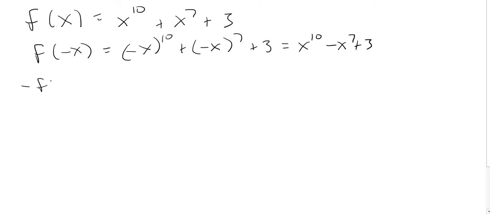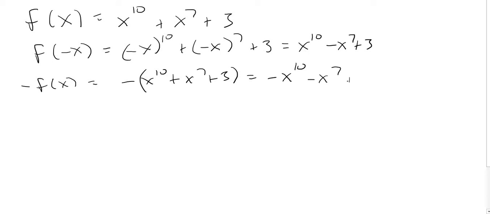And when you look at negative f of x, that becomes negative, x to the 10th plus x to the 7th plus 3, all in parentheses. But that negative belongs to the x to the 10th minus x to the 7th plus 3. Minus 3.